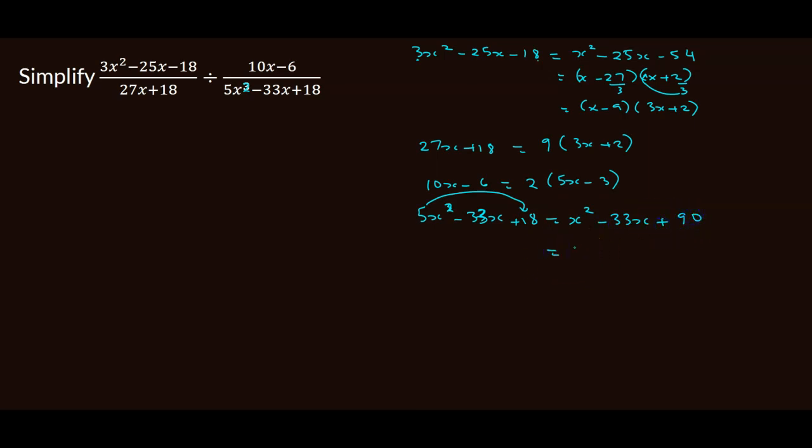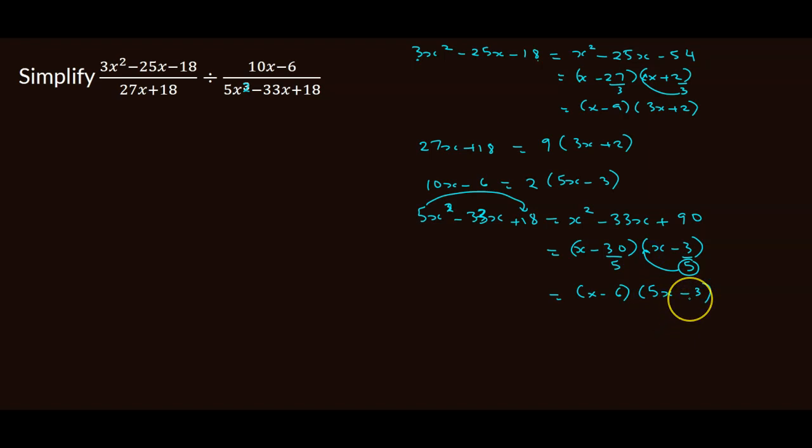So this is going to give us x minus 30 and then x minus 3. Now we're going to divide these constant terms by 5. So now we're going to end up with x minus 6, and because this is a fraction, we're going to move this over here. So it's going to be 5x minus 3.